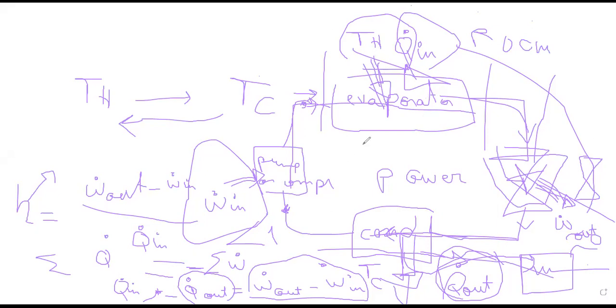So when the fluid circulates, it will take heat from your room and reject it at the condenser level. And the condenser is the unit that is outside of your room. You can see these machines that you put outside of the space, on the outdoor side. This one will reject heat during summer.